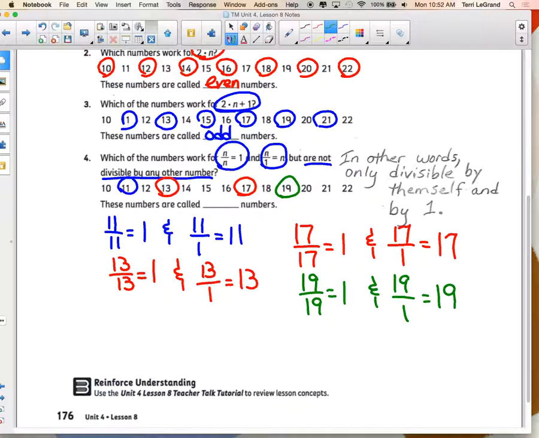It's divisible by 1, we get itself. Anything else go into 19? 3, 6, 9. Nothing. Okay. I said there was one more, so do you think we've got them all? Anybody convinced we missed any?